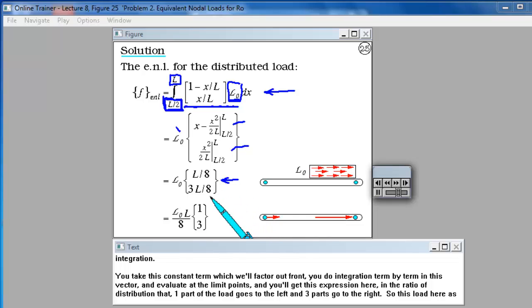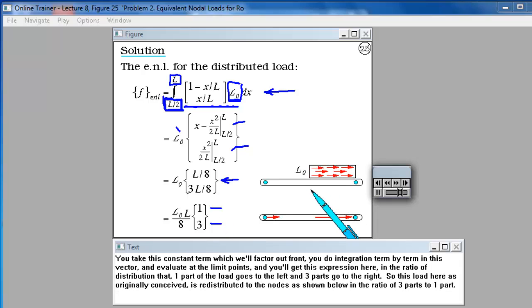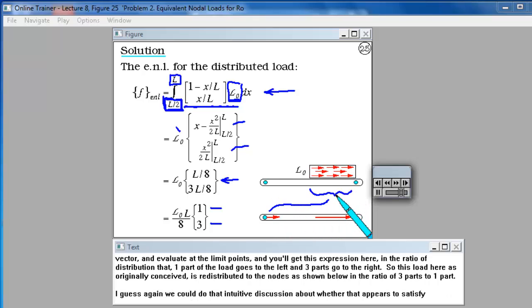In the ratio of distribution, 1 part of the load goes to the left and 3 parts go to the right. So this load, as originally conceived, is redistributed to the nodes as shown below in the ratio of 3 parts to 1 part.